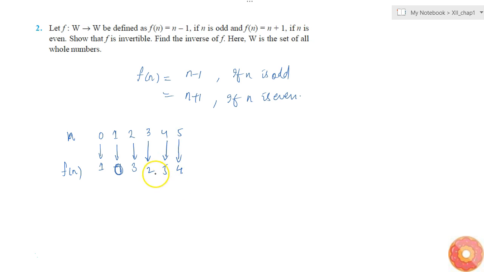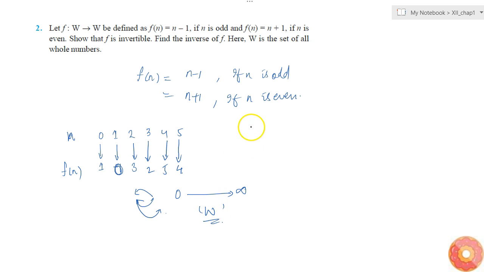If you go on like this, we see that all the odd numbers are getting shifted backwards by just 1 unit, and all the even numbers are getting shifted forward by 1, thus spanning again from 0 to infinity, which is the whole numbers case.